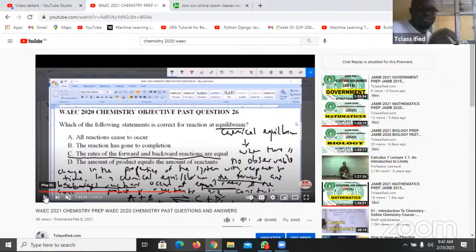It does not mean that it must be equal. But once the rate of forward reaction and the rate of backward reaction become equal, that's when you say equilibrium has been attained. You understand? Yes, sir. So we can move on.